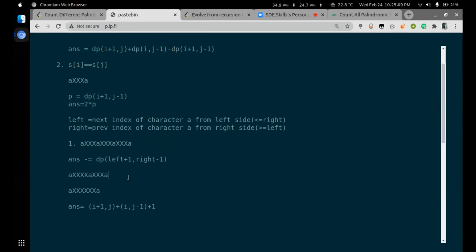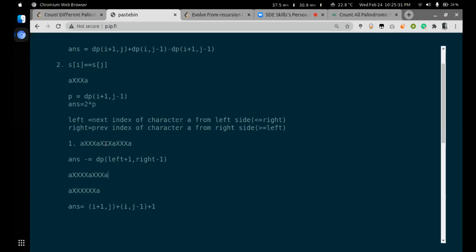No. We take the first A, so left will point to the first A immediately after this endpoint, and right will be the immediately previous one.